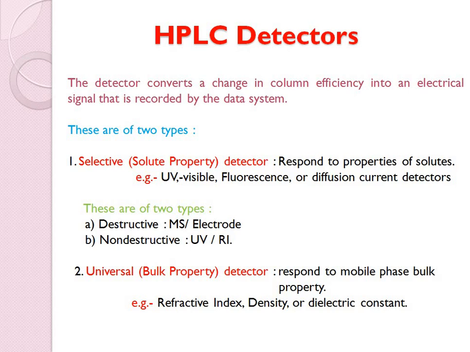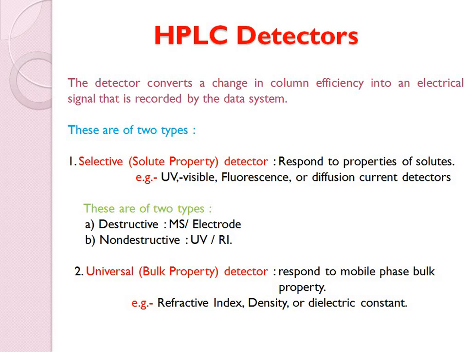These are of two types, destructive detector as well as non-destructive detector. In a destructive detector, our substance or analyte gets destroyed and we are unable to recover it. In a non-destructive detector, we can recover our sample, for example UV visible spectroscopy or RI, refractive index detector.